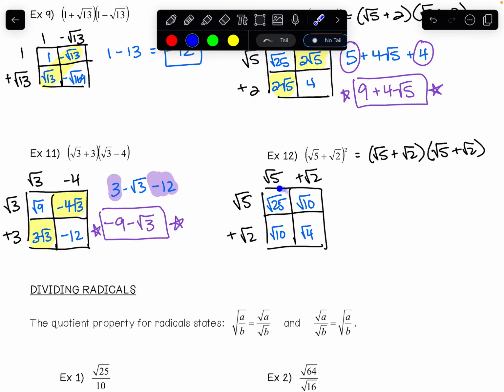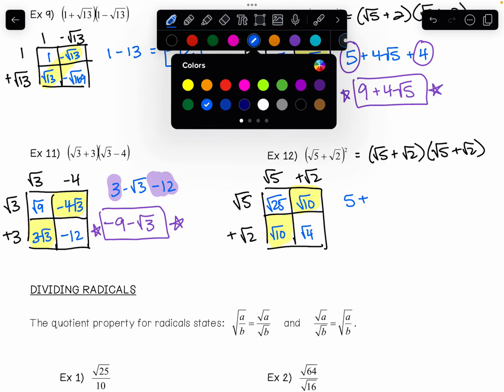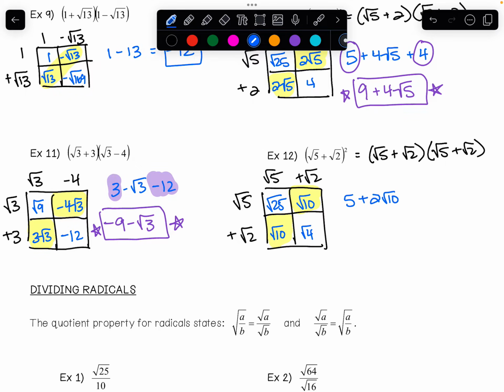Can we simplify the square root of 25? Yeah, the square root of 25 is 5. Plus, I have like terms. What's the square root of 10 plus the square root of 10? 2 square roots of 10. Can we simplify the square root of 4?